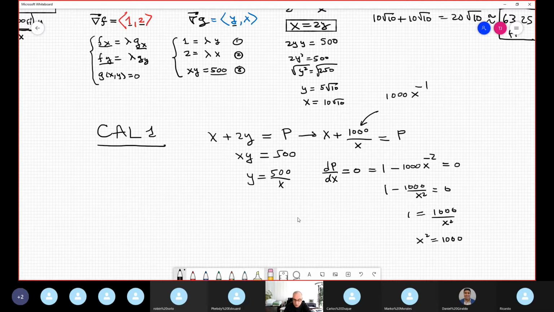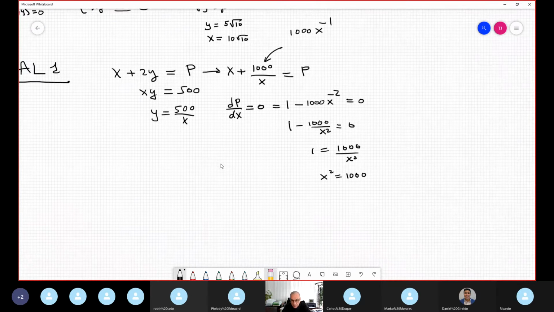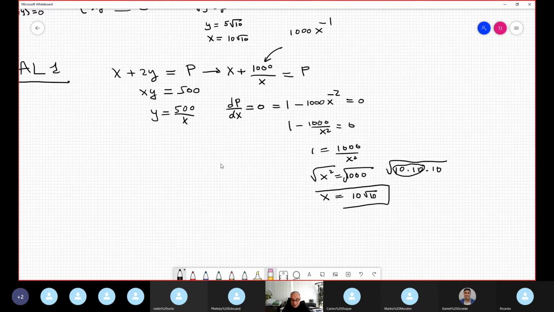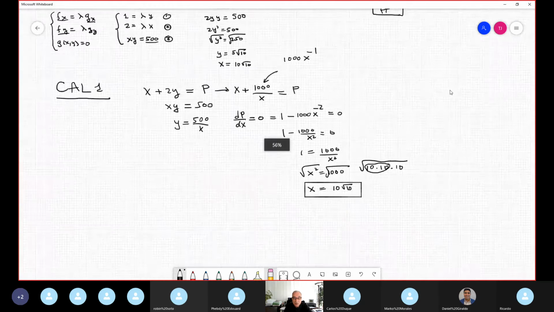So you find square root both sides. We have x equal, well, you know, 1000 is 10 times 10 times 10. Square root this couple is like a 10 outside and stay inside 10. And we get exactly the same answer we obtain using Lagrange Multiplier.